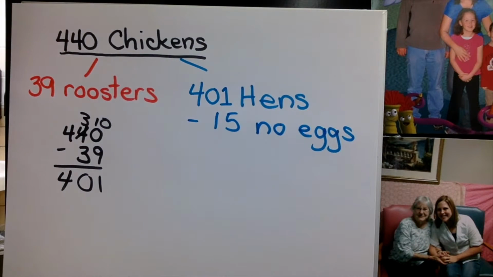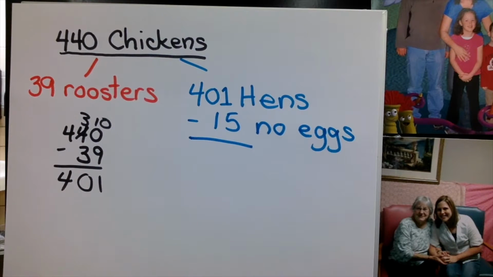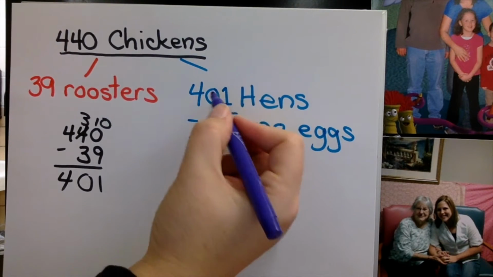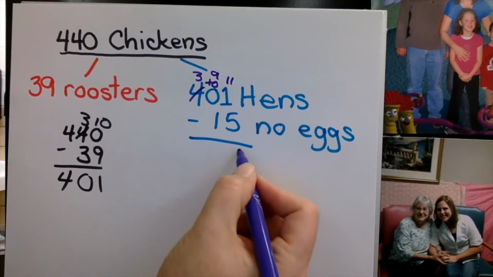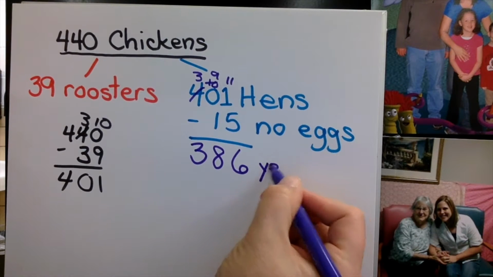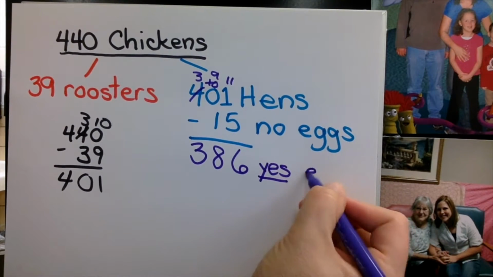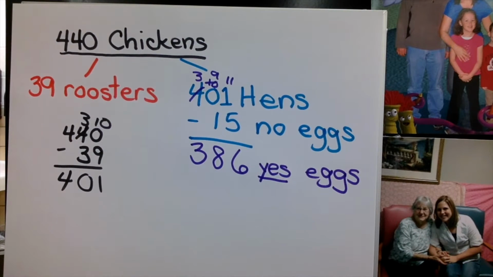So if 15 do not lay eggs, out of the 401, let's subtract to find out how many chickens do lay eggs. Do a little subtraction here. And making sure that we label our work.